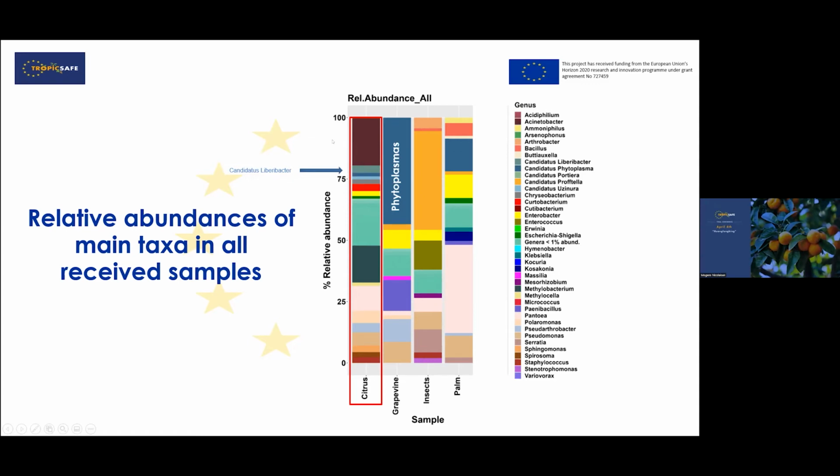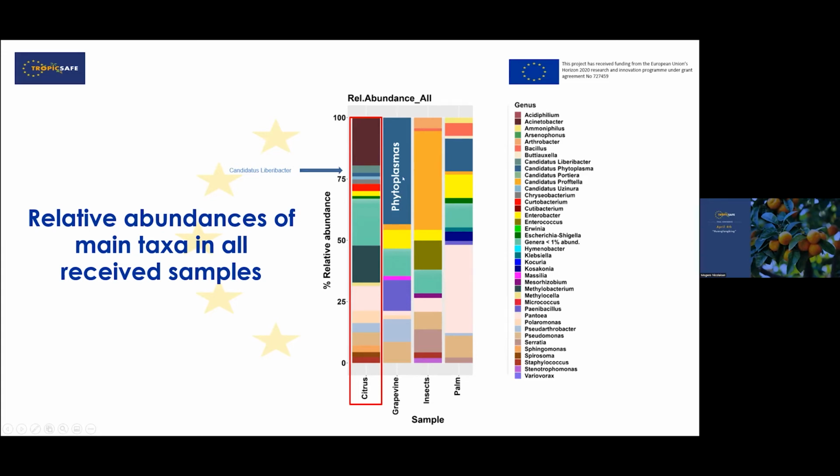But in addition, we saw a lot of other bacteria in the plants, like Acinetobacter here, and this is a bulk of all the rare sequences, so that's not really so interesting. And then we also saw some other species. But if you look at the relative abundance of Liberibacter in the samples, it's much lower than, for instance, the phytoplasmas in grapevine.